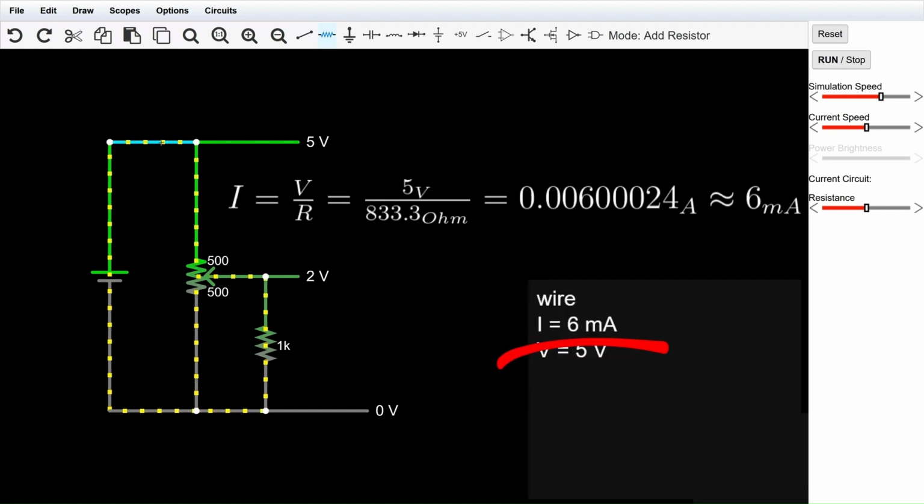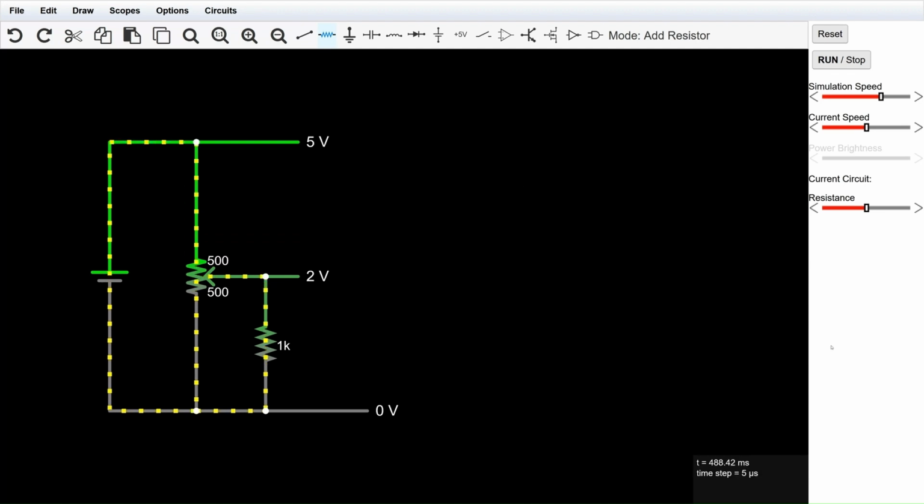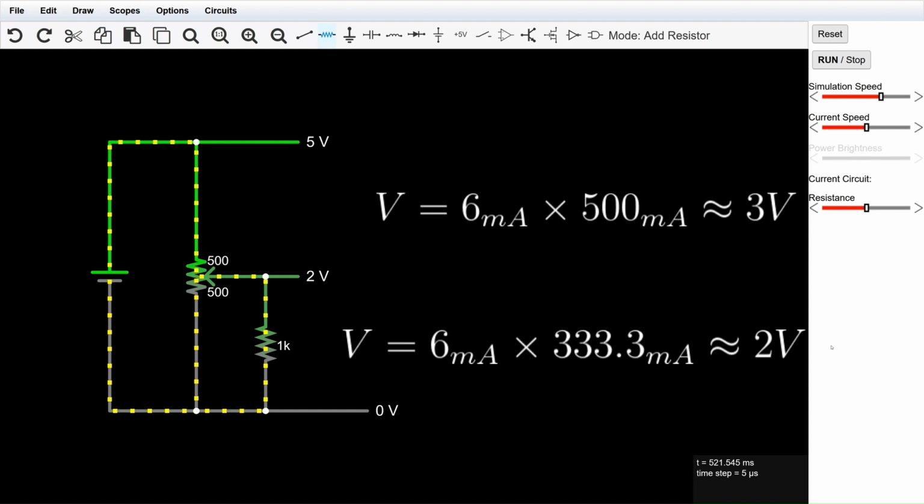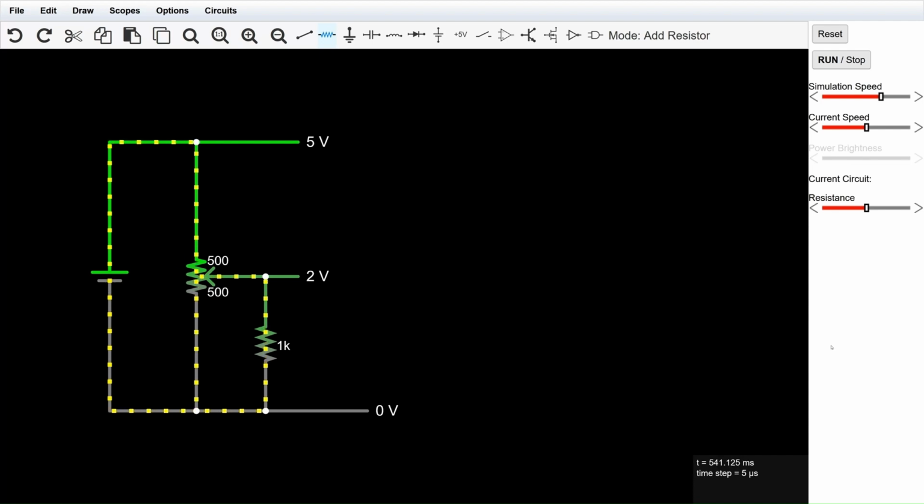Current is approximately 6 milliampere. In this case, the voltages in the circuit are divided like this. So the first part is 3 volt and the second parallel part is approximately 2 volt. So, to understand how a 1 kilo ohm resistor affects the circuit, you actually need this kind of calculation.